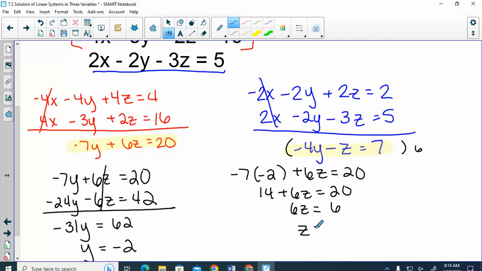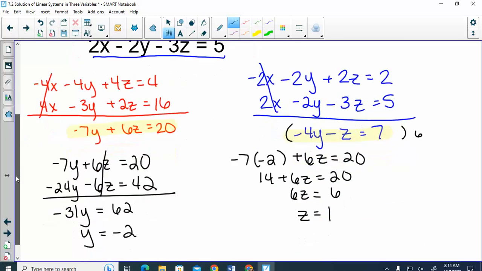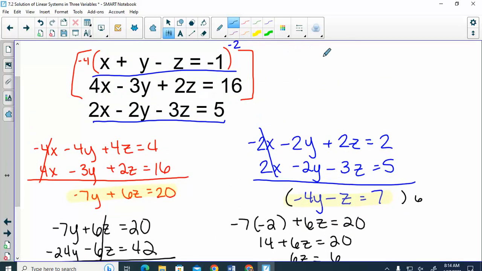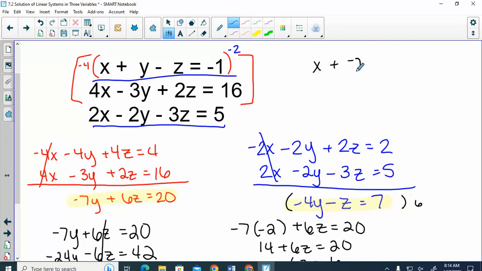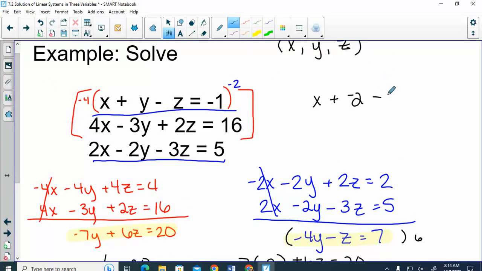So my z is 1. And now I have y and z. So go back to one of the beginning equations to get x. So the first one, x plus y, which was -2, minus z, which was +1.